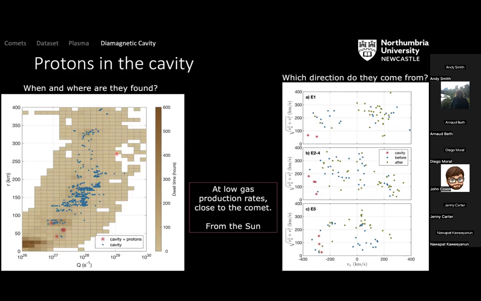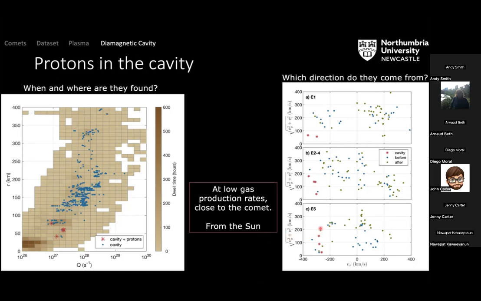We don't find them at high gas production rates. So this is the first clue that we need. Because that basically means that the diamagnetic cavity already is quite small and quite unstable. And that makes it easier to measure these weird things.